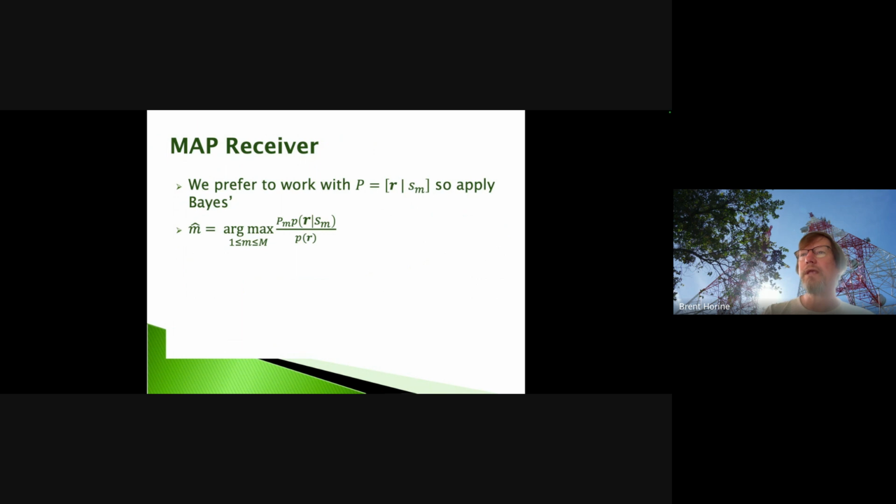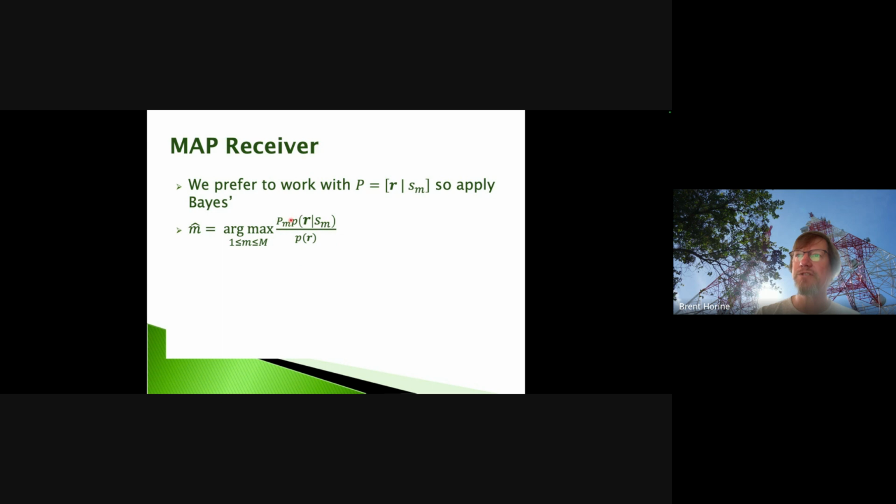So we can apply Bayes' formula here, and there we can flip this relationship around. So now this probability where we're trying to choose the best estimate of M through this argmax process, instead of being this probability of SM given R, we use Bayes' formula, which would then substitute in the probability of R given that SM was sent, times the probability of M or SM, right?